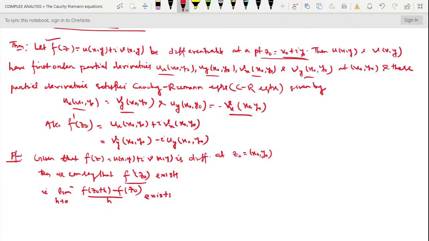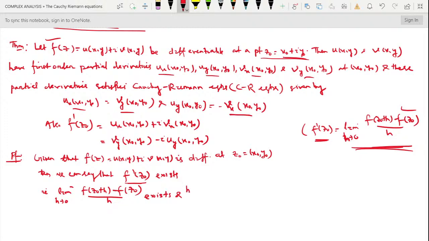This is the value of f dash z naught. So if f dash z naught exists, that means this limit as h tends to 0 exists.